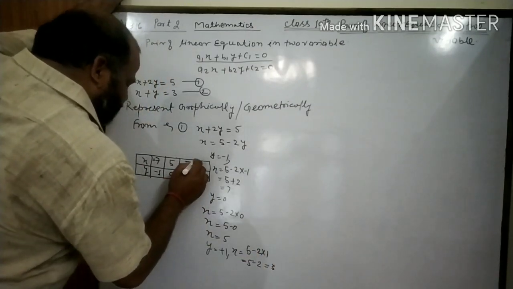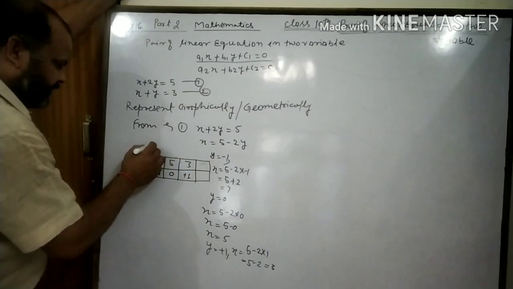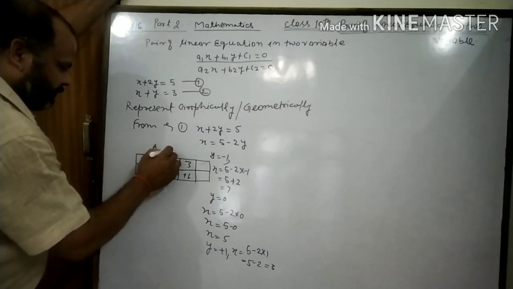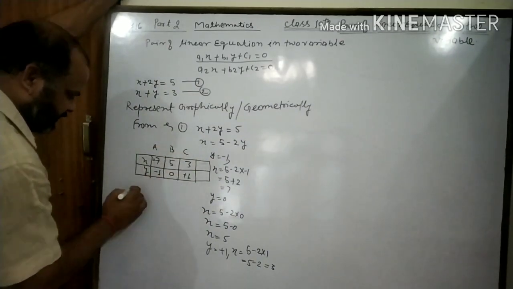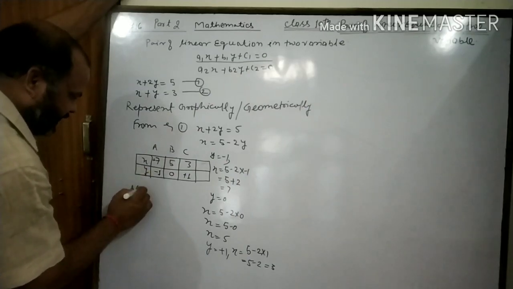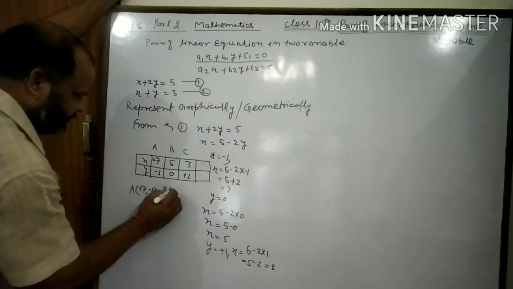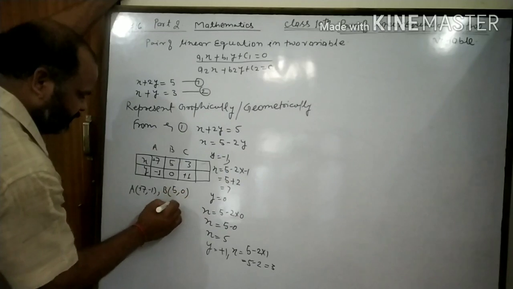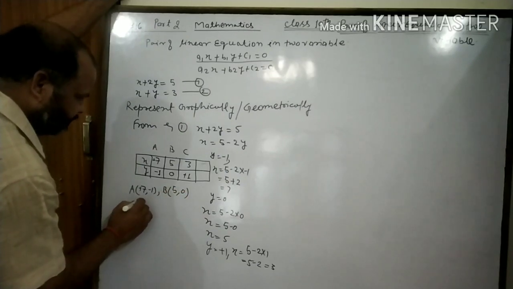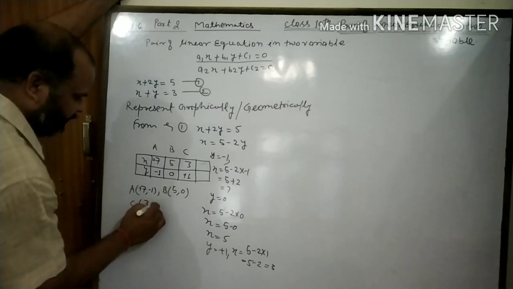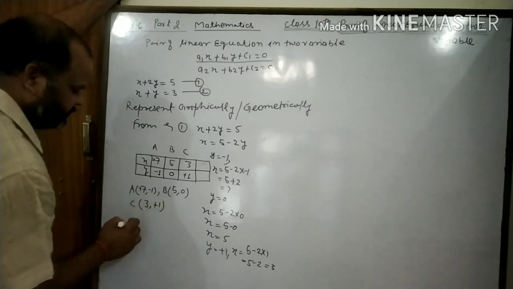Now we got A, B, C. Coordinate of A is (7, -1), coordinate of B is (5, 0) and C is (3, +1).